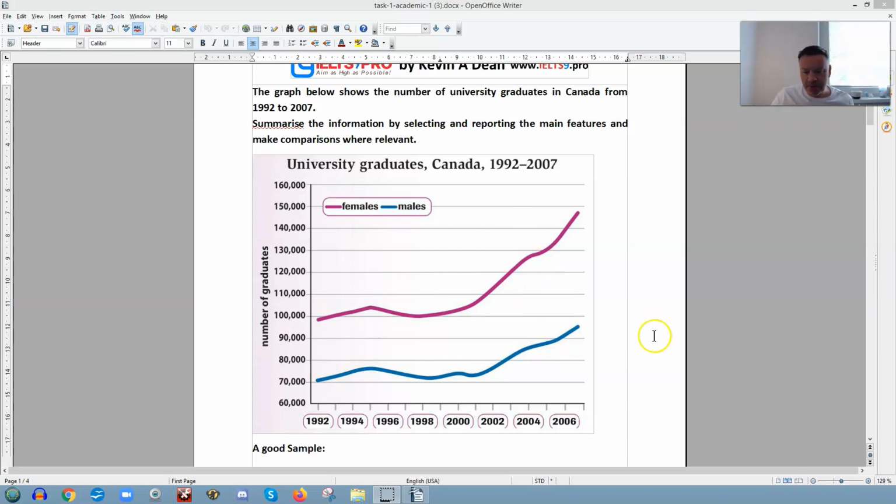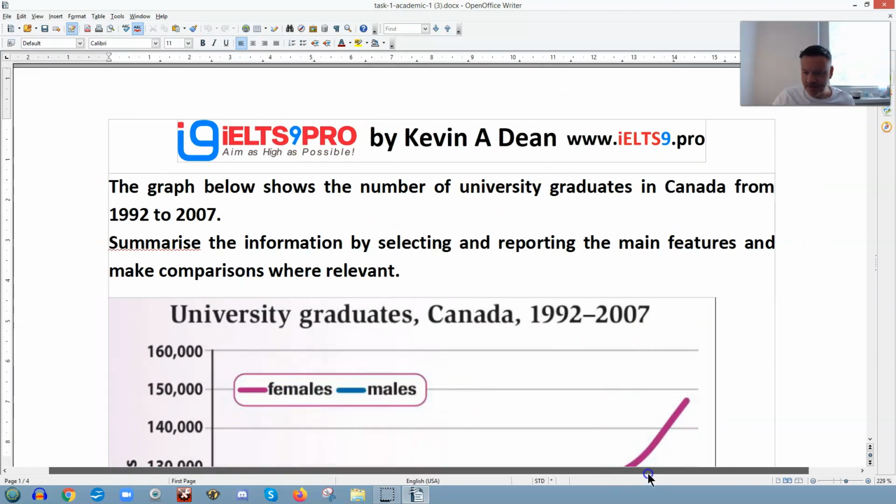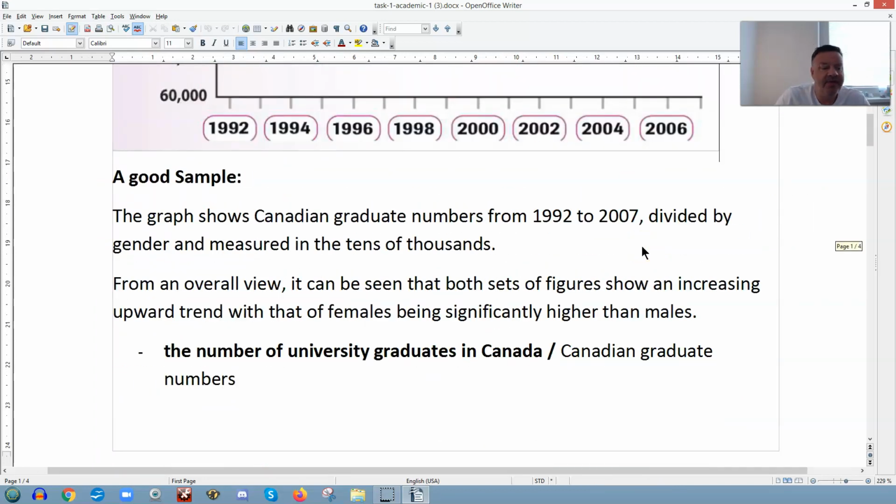Okay, so let me get this back to full size. Full size, we can see it. So, a good sample introduction and overview. Now, I haven't put a lot of paraphrasing down here because you can work that out, but you have to paraphrase. Now, here it's quite important. What lots of people do, they simply copy the rubric.